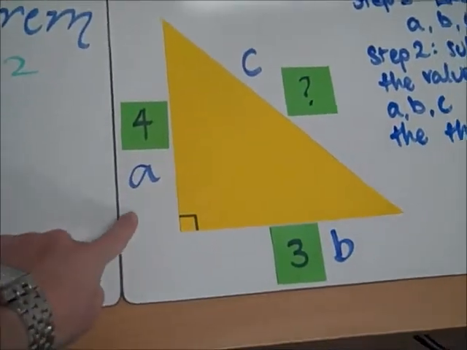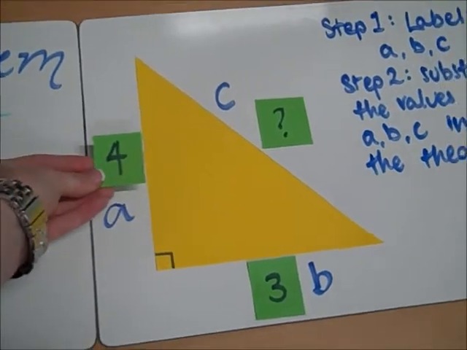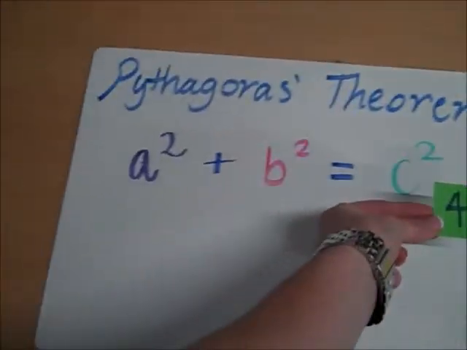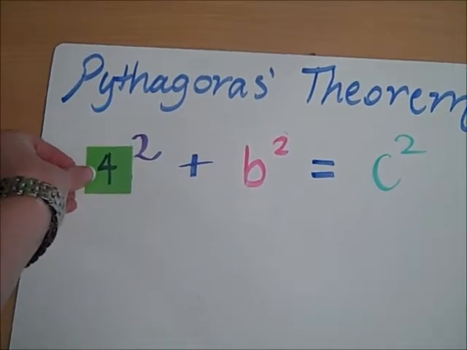So here we go. How do we substitute? Well, we know that A, in this example, has a length of 4. So let's pick up our value for A and put it into Pythagoras' theorem where the A is.